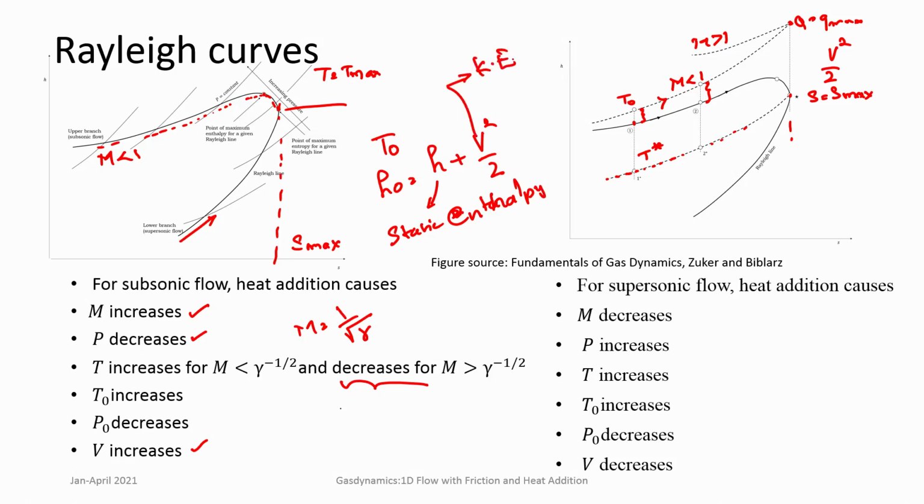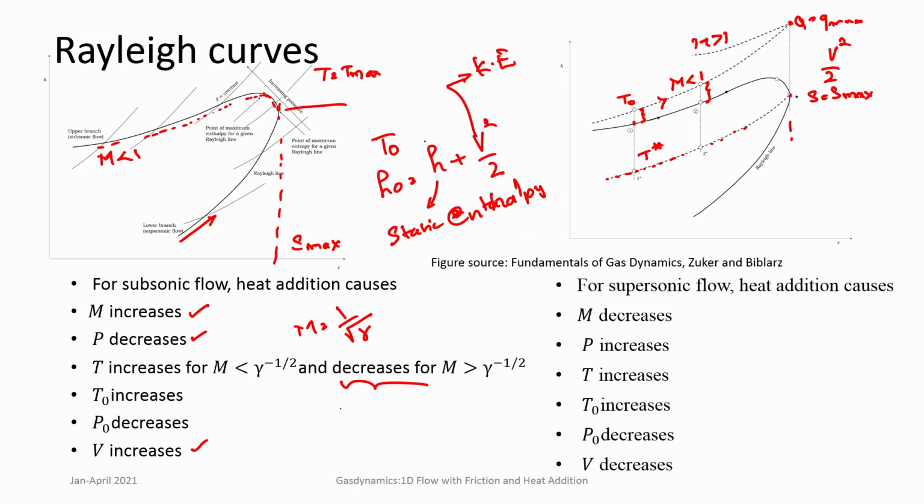Okay. So, for the initial region of this subsonic branch, until the point of maximum enthalpy, the addition of heat goes largely to increasing static enthalpy and less to increasing kinetic energy. Of course, V is increasing, but it has to do with the relative increase of the two.